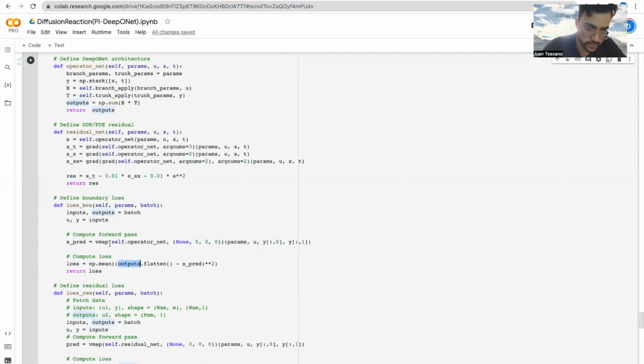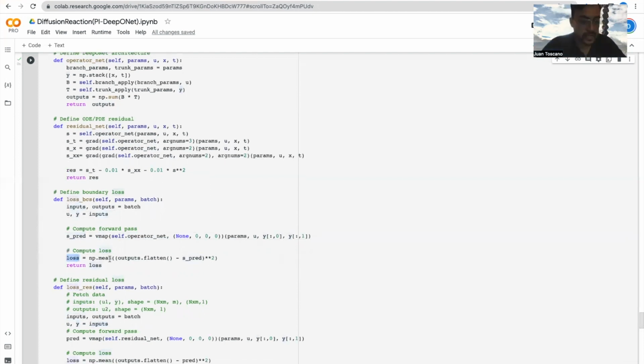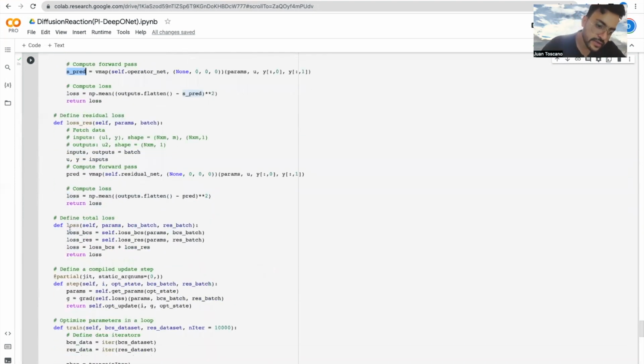So the only thing we do is vmap. This vmap, remember, is a function that helps us evaluate everything in a single step of the operator net. When it takes u, y of 0, that is x, and y of 1, that is t. And then the loss would be the L2 error between 0 and what we predicted. And finally, the total loss would be the loss of the boundary conditions plus the loss of the partial differential equation.